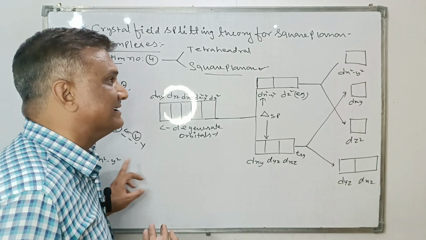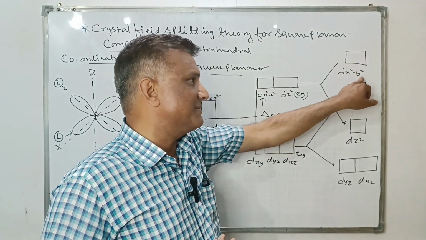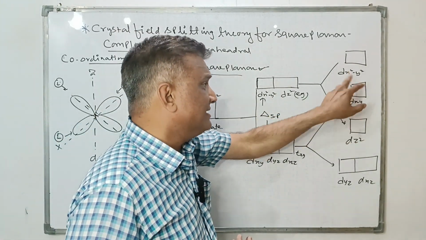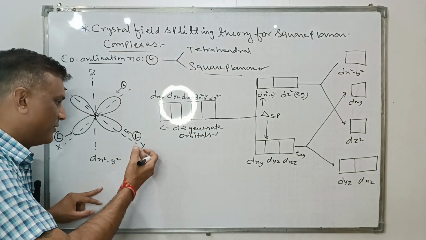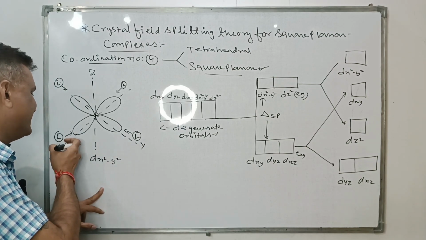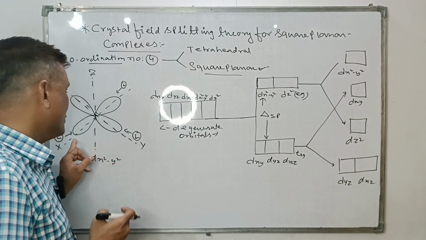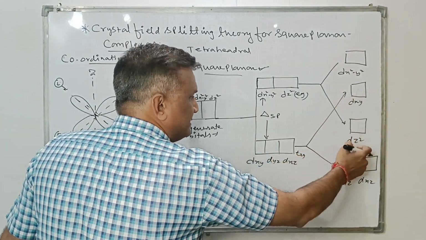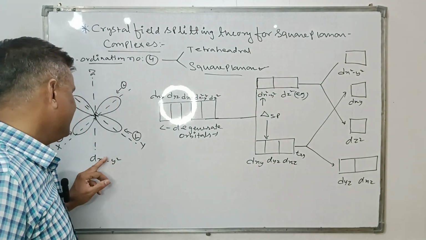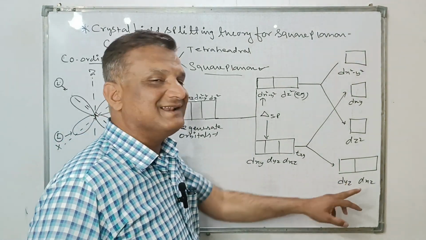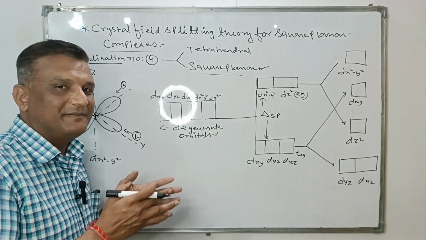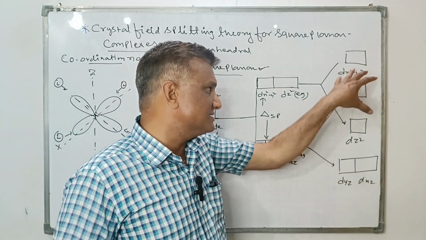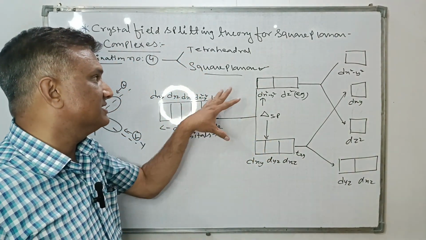But if we go with the bond formation, the lobes are along the x and y axes, so there will be more repulsion on dxy. That's why dxy has more energy than the dz square orbital. And dyz and dxz lie between the axes, so they feel less repulsion. So this is the splitting of the d orbitals regarding square planar.